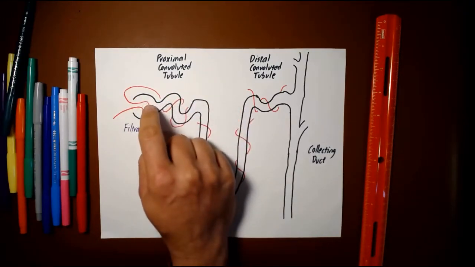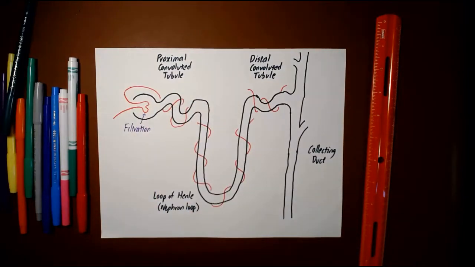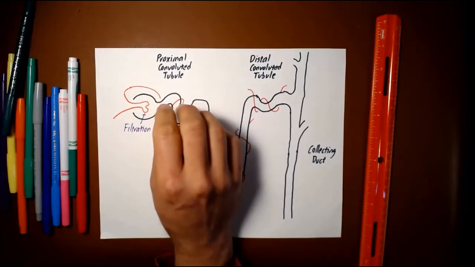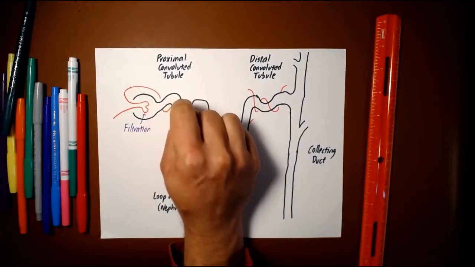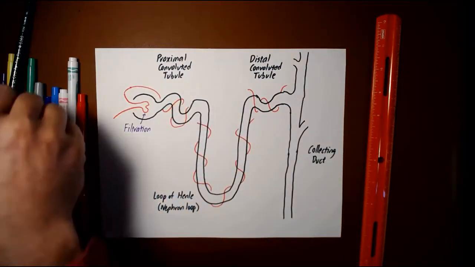Now, as that filtrate passes through the proximal convoluted tubule here, most of it, roughly 2/3 of the water, is reabsorbed here. So most of what we filtered out gets taken back from the proximal tubule and into these peritubular capillaries, so it's returned to the blood. So here we are reabsorbing.